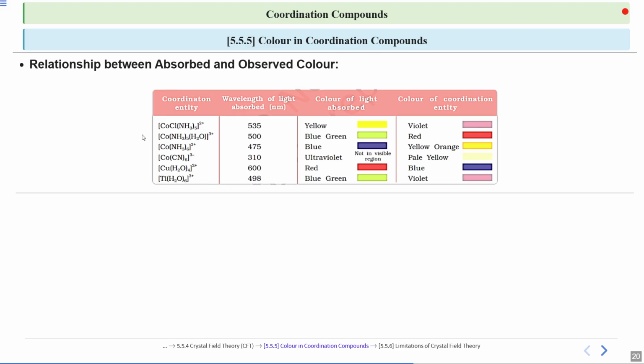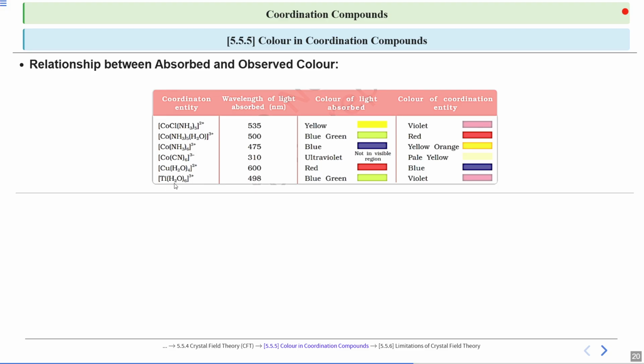So if this is a complex of cobalt, the wavelength of light it is absorbing is 535 nanometer. The color of light absorbed is yellow, but it is going to show the color violet. So the complex will be violet in color.